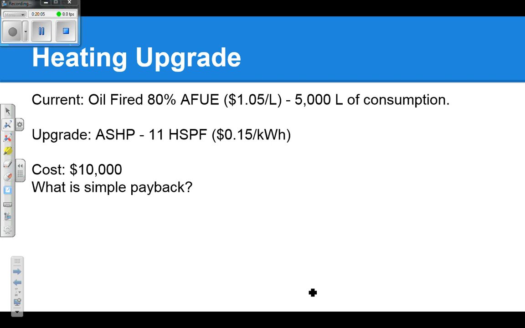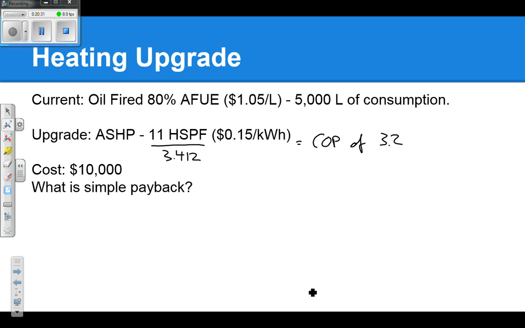And I'm going to divide that by 3.412, and that will tell me the COP, which I think is the same number. It will give me a COP of 3.2, or 320% efficient.